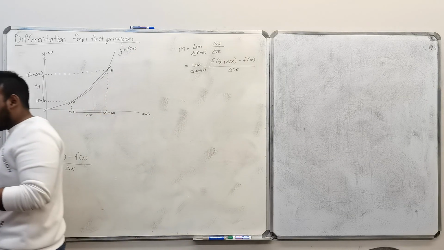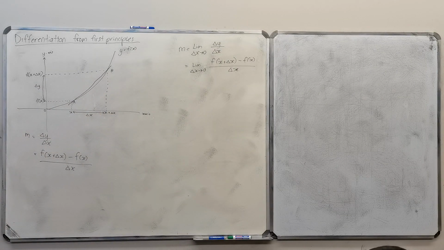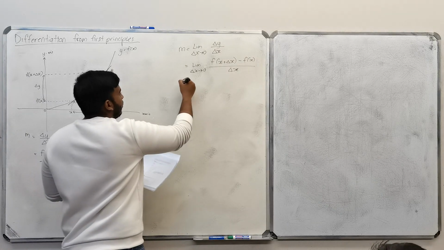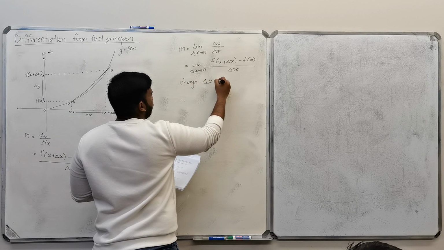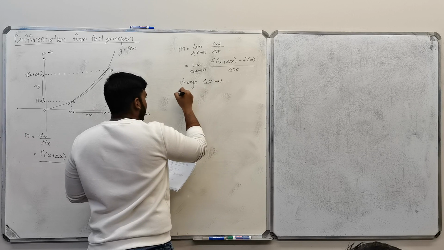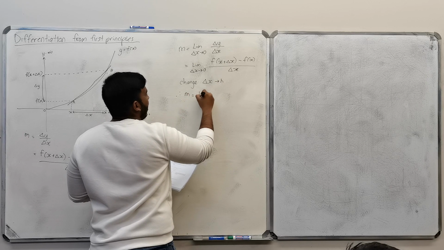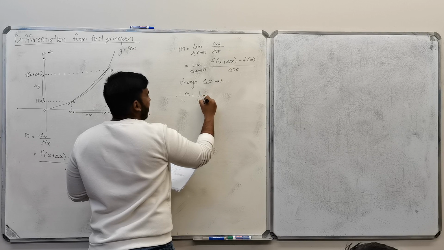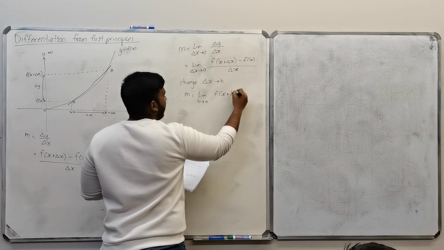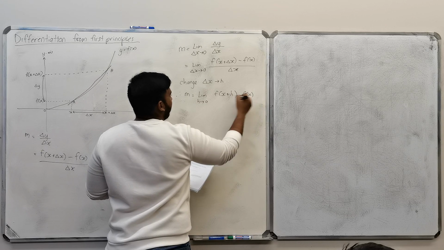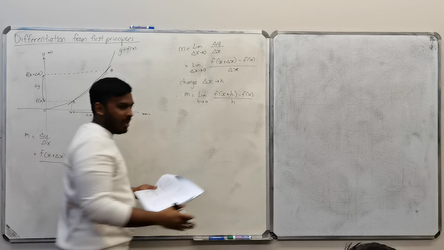So graphically, delta x is generally replaced by h, and then the formula for the gradient of a tangent to a curve becomes, so you'll change the change in x to h. So the gradient would now be equal to the limit as h approaches 0 of f of x plus h minus f of x all over h.